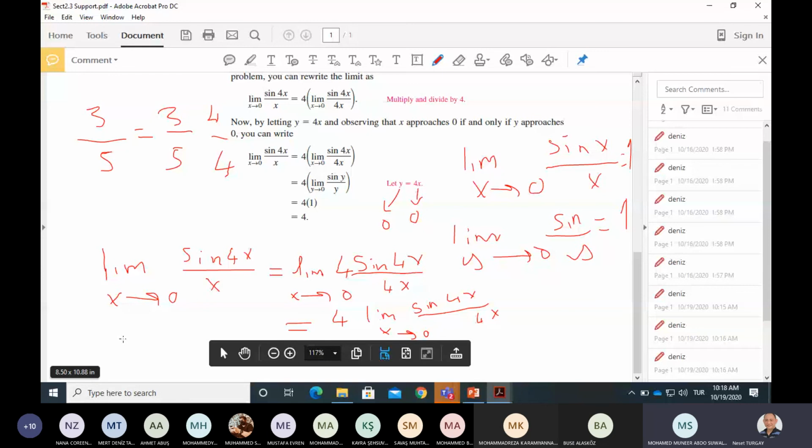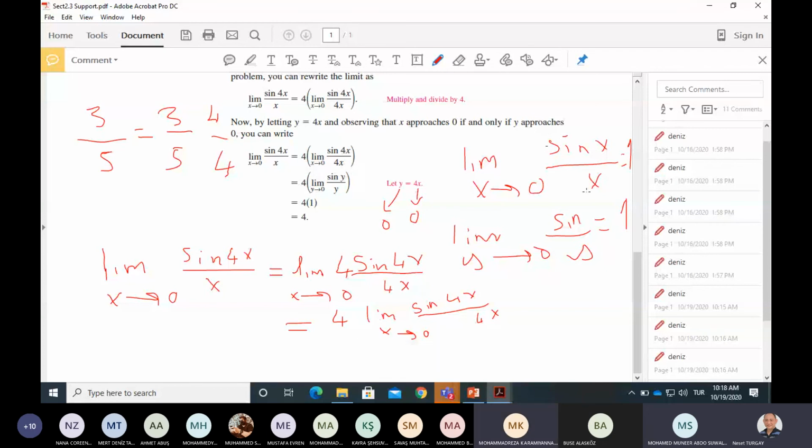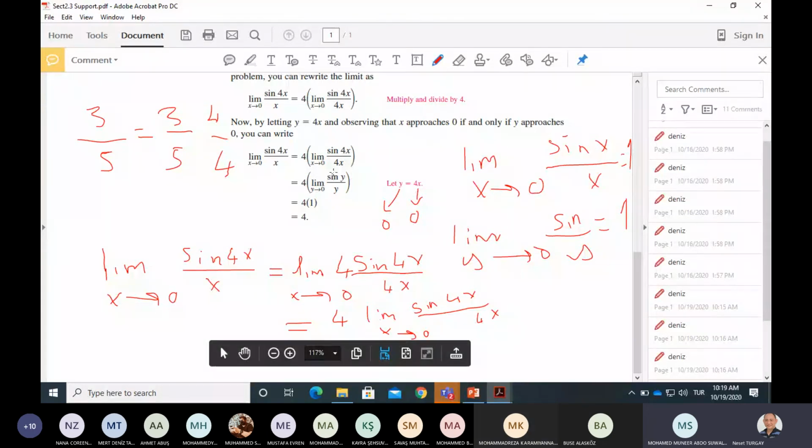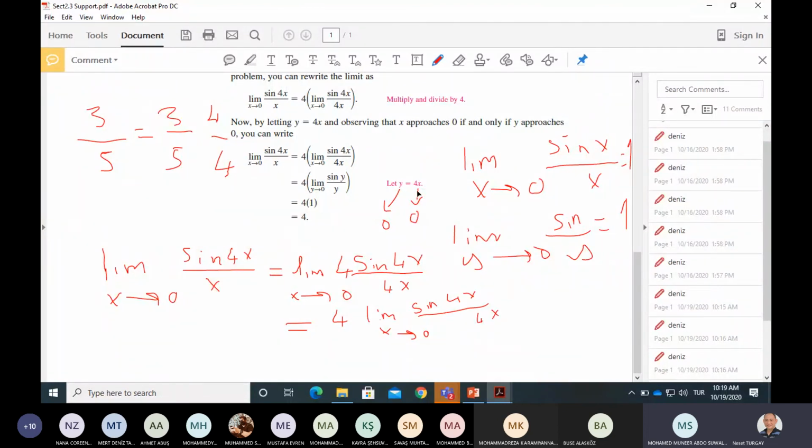Okay, good. Now the story begins. So you take the 4 out. Now, my friend, we will use this rule. We change the variable. For 4x, we say let y equal 4x. Then sine y over y comes. But now, look, if y is 4x and if x goes to 0, 4 times 0 also goes to 0.